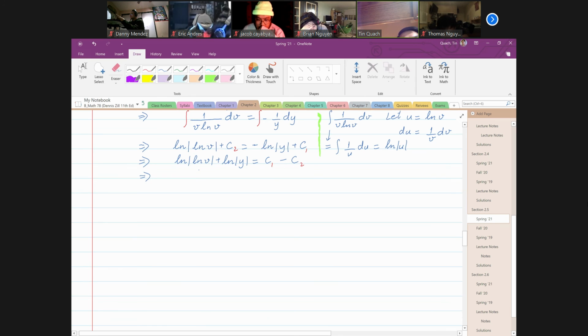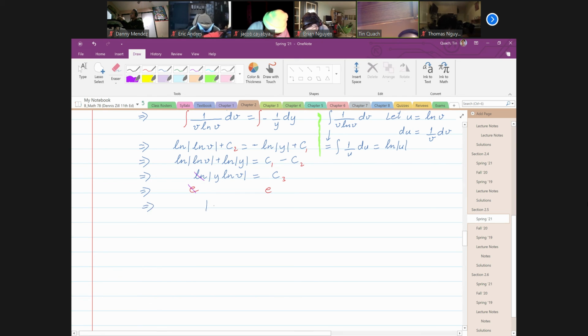That is ln of the absolute value of the product of y times ln of v, and on the right side, you get a constant, C sub 3. So now you can exponentiate both sides with base e. When you do that, the ln and the exponential cancel out.